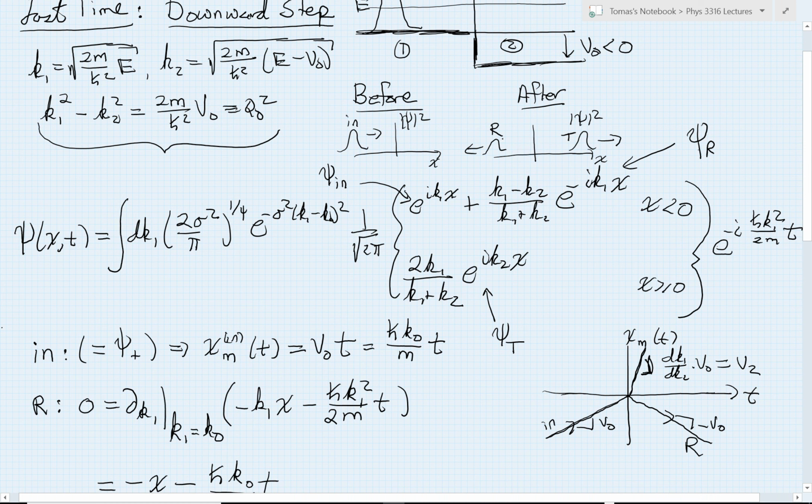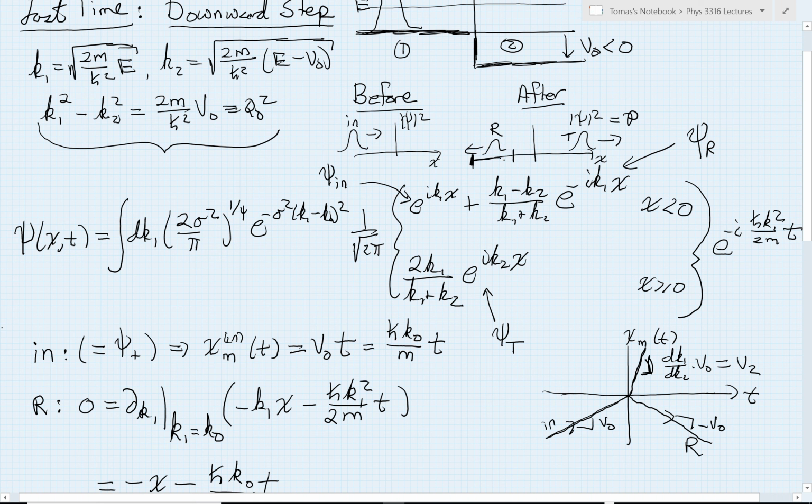Now, remember, the way we would determine that is we want to know, if I'm looking at psi squared, which is what I've been sketching, which is, of course, the probability density, if I want to know the total chance of reflection, I would just integrate to add up over all the probability for the particle that actually has been reflected.